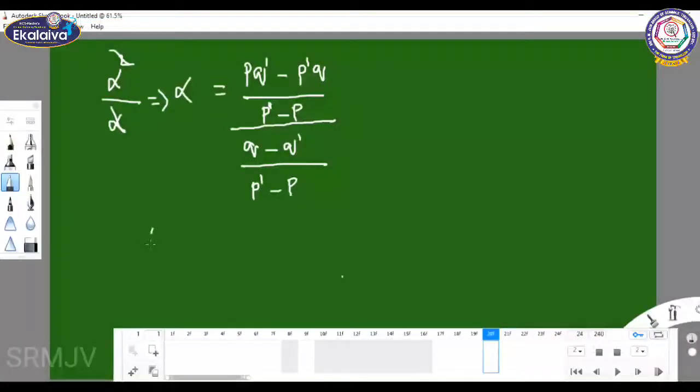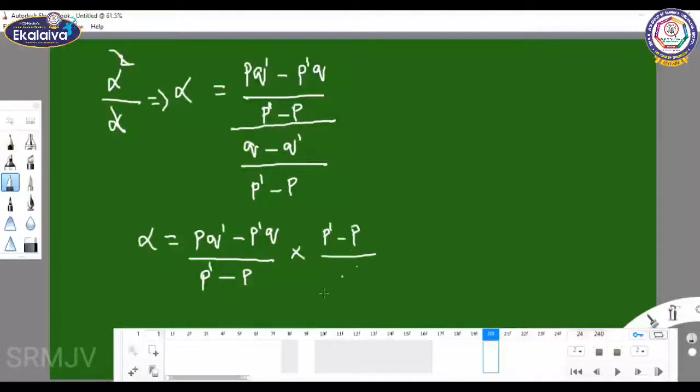So alpha equal to P Q dash minus P dash Q by p dash minus p, into p dash minus p by q minus q dash.